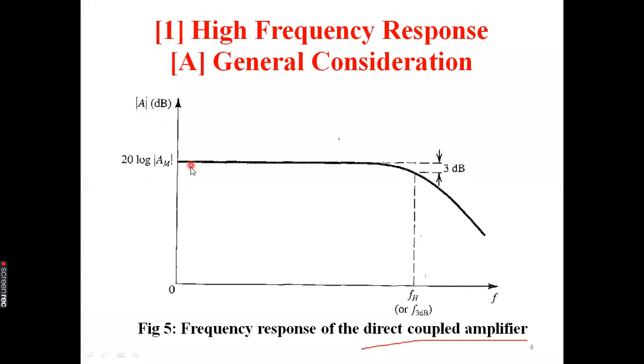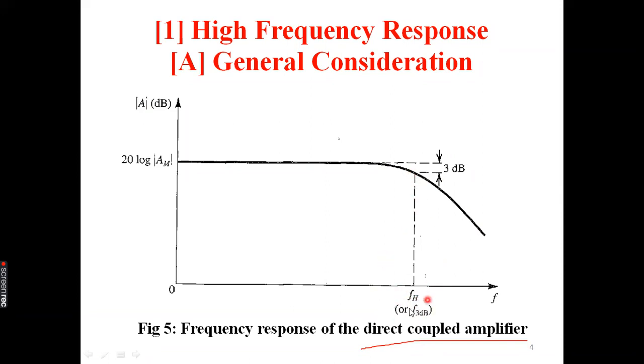Initially we used to have the maximum gain, but what we can observe is after a particular frequency fH, our gain will start decreasing. This fH can be called the 3 dB cutoff frequency.